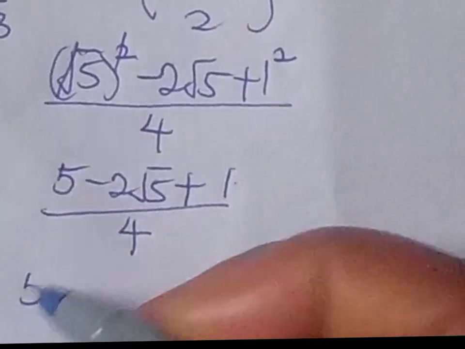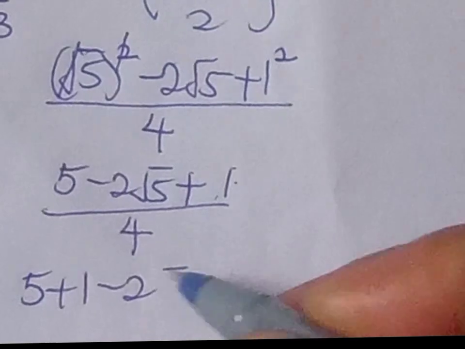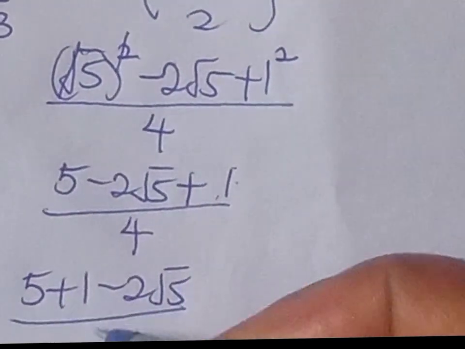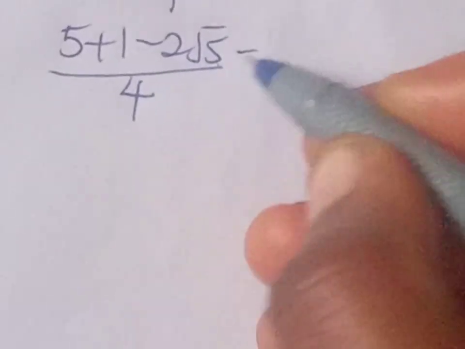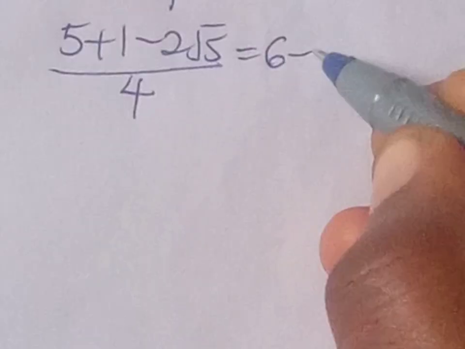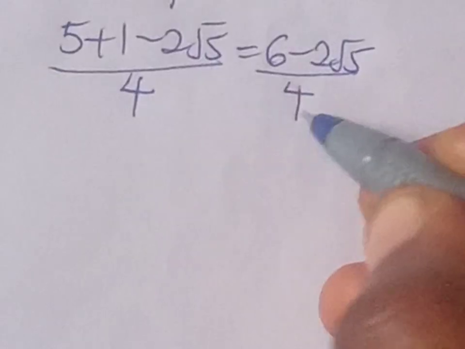So we have 5 plus 1 minus 2 root 5 divided by 4. 5 plus 1 is 6, so we have 6 minus 2 root 5 divided by 4.